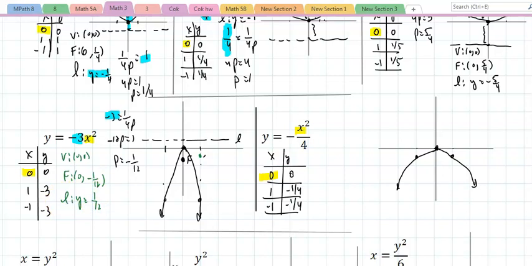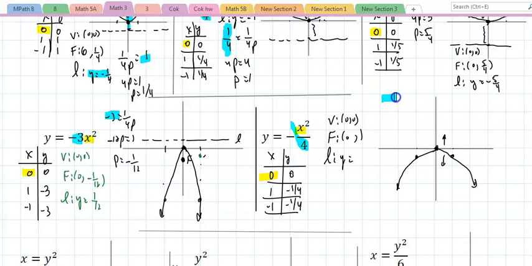And if I move to the last example, this is opening down. I already have the graph. I know the vertex is at 0, 0. And if I look at the focus, I already know the focus is somewhere down here. It has to be embedded within. And the directrix is always above, so below and above. Well, if I take the leading coefficient, now I could ignore the sign because I already graphed it.